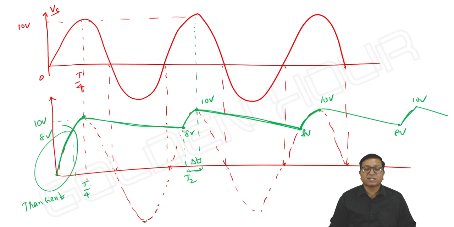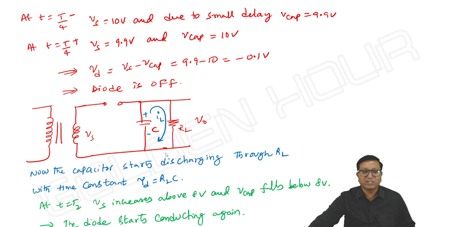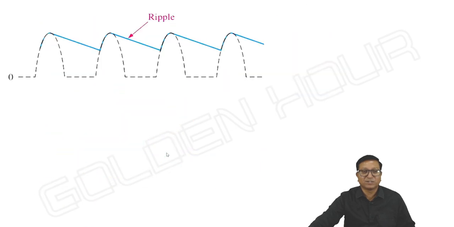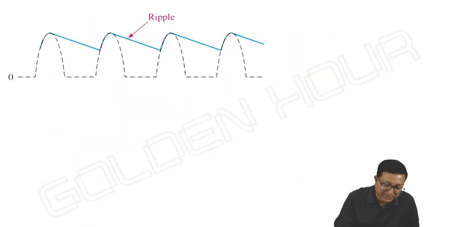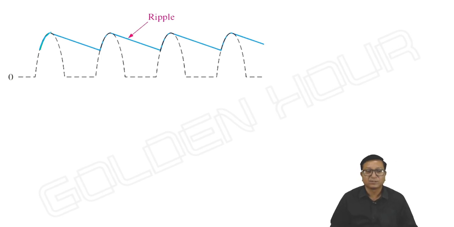After that, in steady state, it charges only from 8 to 10, and it discharges from 10 to 8. So we can see the steady state response this way. Okay, the capacitor voltage is something like this. Output voltage.